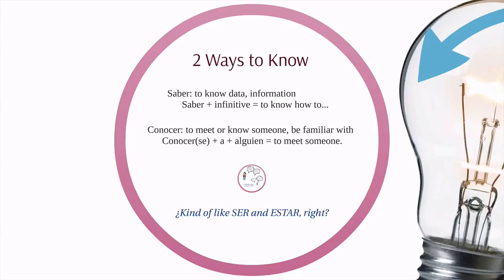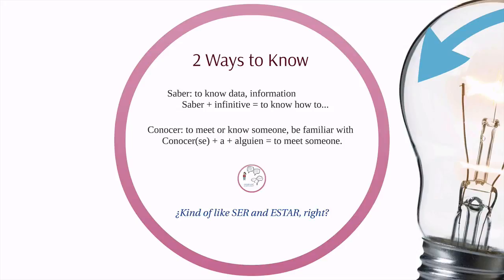I know where the school is. That's information I possess. It's data. It's like your address. It's like your own name. It's like someone else's name. Yo sé su nombre. I know her name. Saber plus the infinitive, yo sé hablar. I know how to talk. Yo sé escribir. I know how to write.